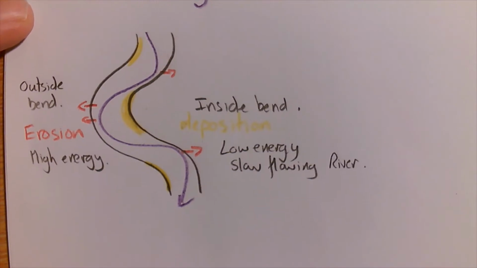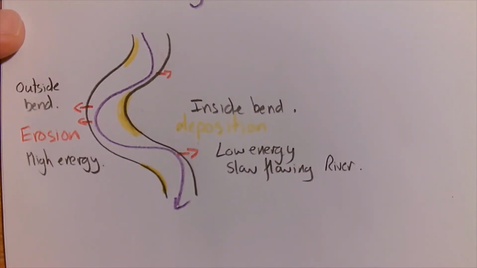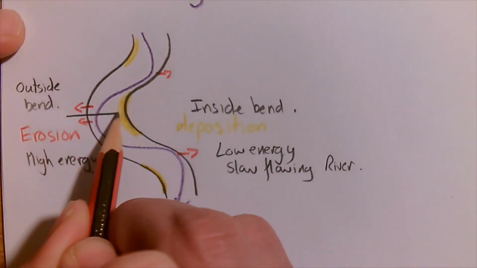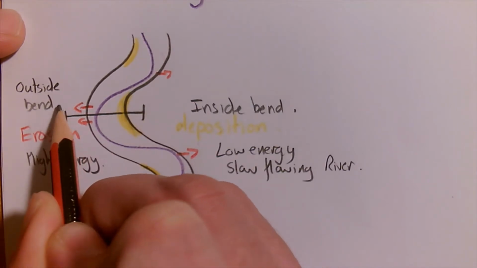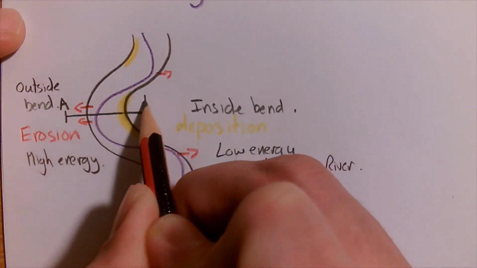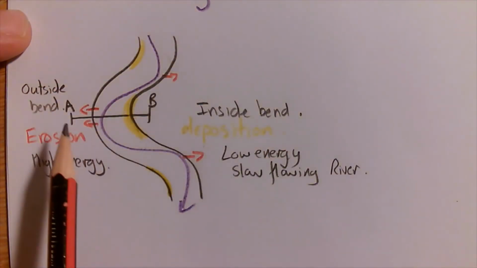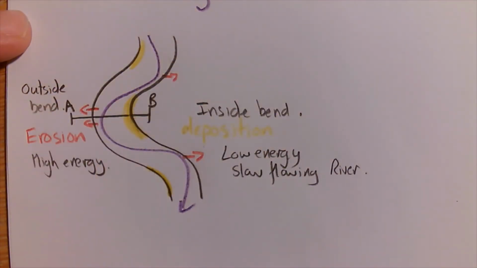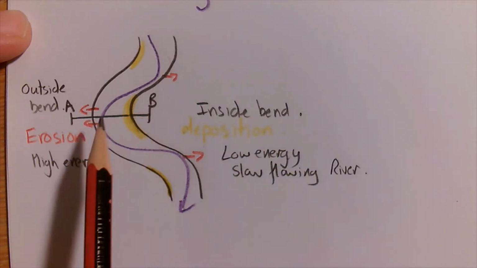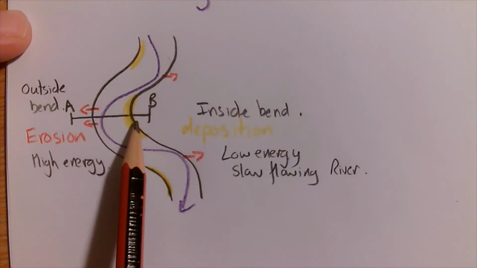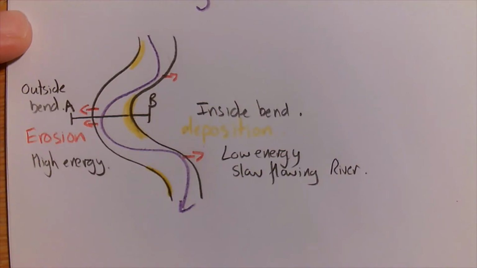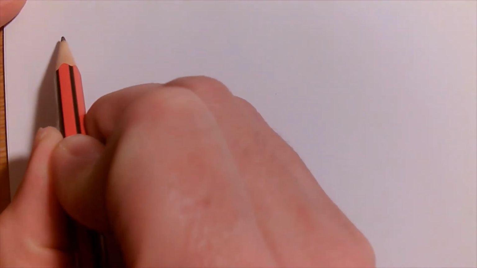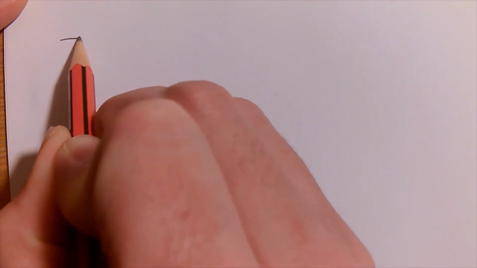Let's move on to looking at the cross-section of a meander. So what I'm going to do is, from A to B, I'm going to cut the river in half and look at it from the side to see what's happening and show you the differences between the outside bend and the inside bend. So, the cross-section will look something like this.